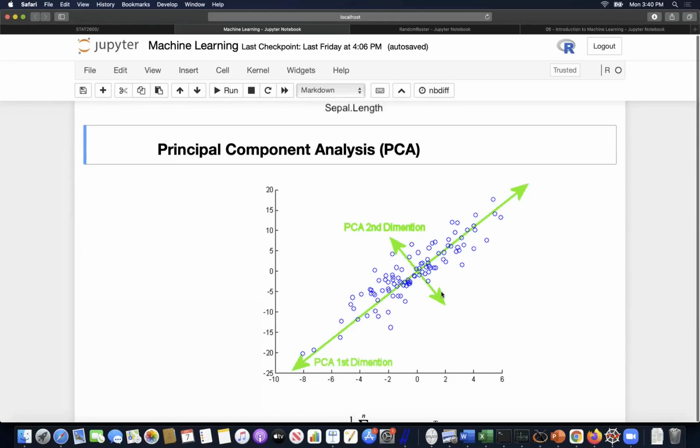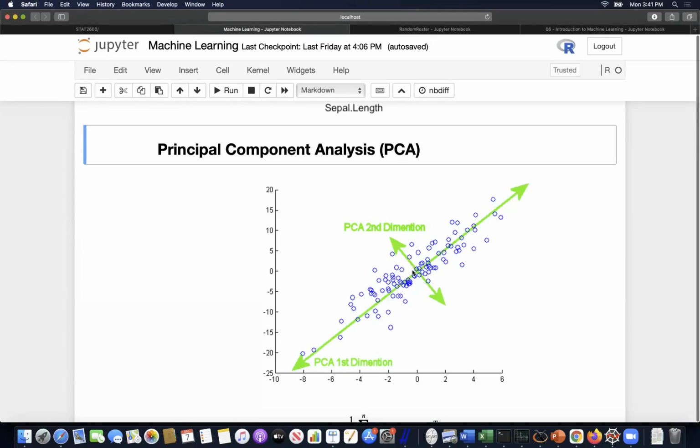And what we want is that each axis in this coordinate system is explaining most of the variance in the data. So in this dimension, your data have a lot of variance. In this other dimension, the variance is less, but still there is a significant amount of variance.